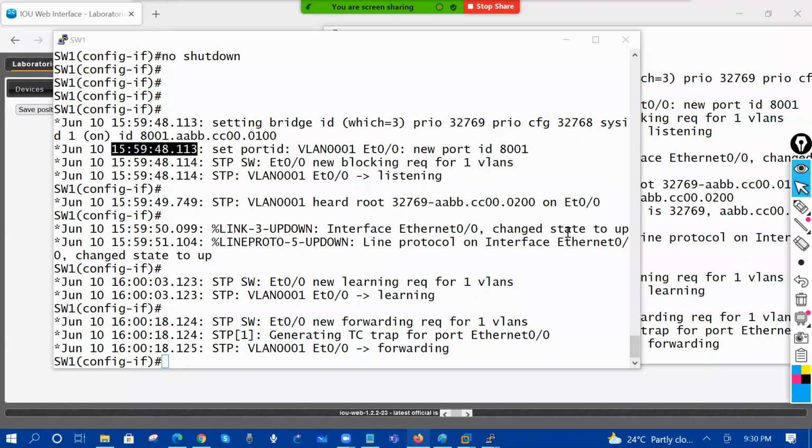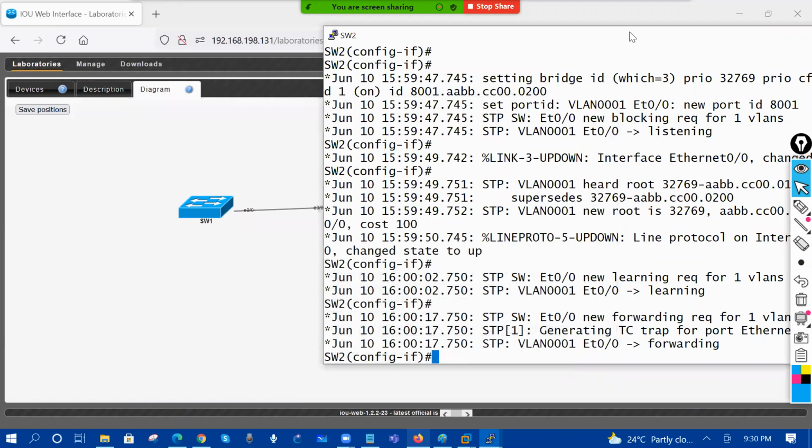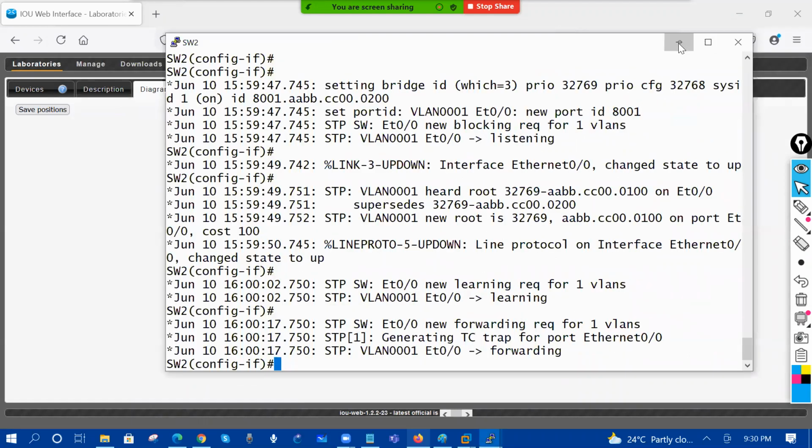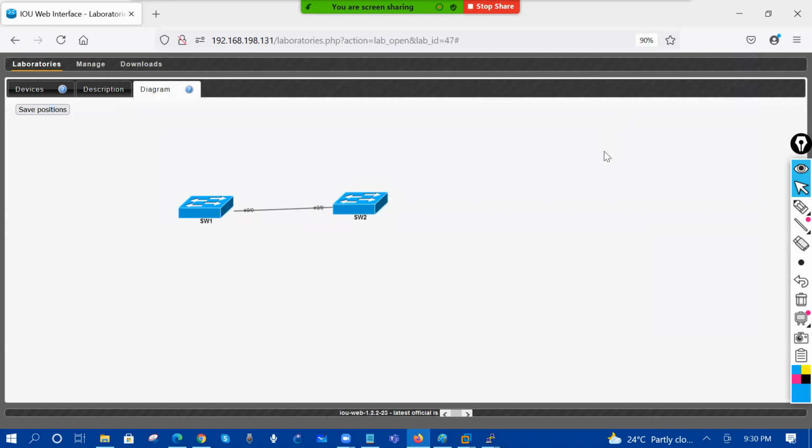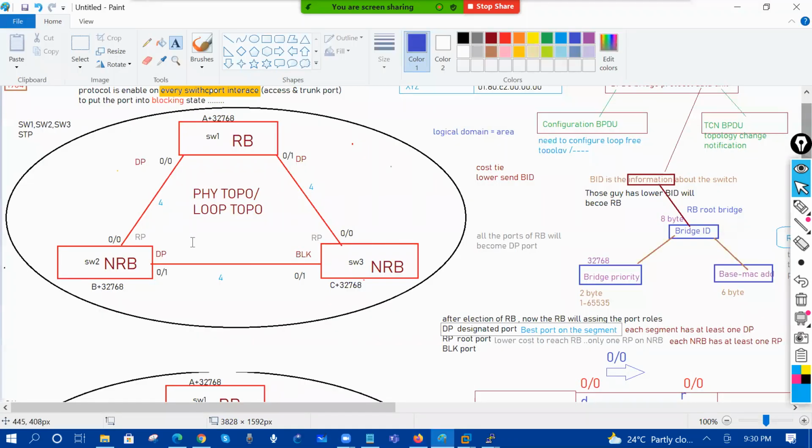Guys, if anyone has any questions, you can ask me now, just for today's class, because we are not done. We have 4 to 5 more days for spanning tree. We'll see different topologies as well; we have just shown you the basic one. If you have any query about today's class, you can ask me.